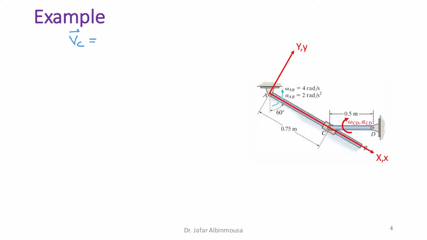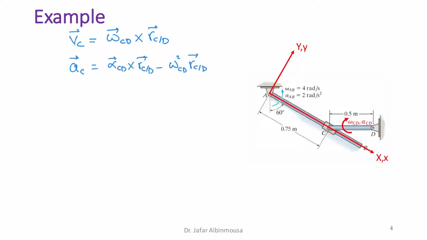VC is simply equal to omega CD cross RC with respect to D. And the acceleration of C is equal to alpha CD cross RC with respect to D minus omega CD squared multiplied by RC with respect to D.